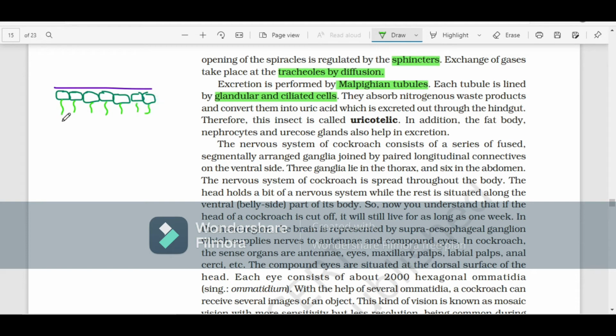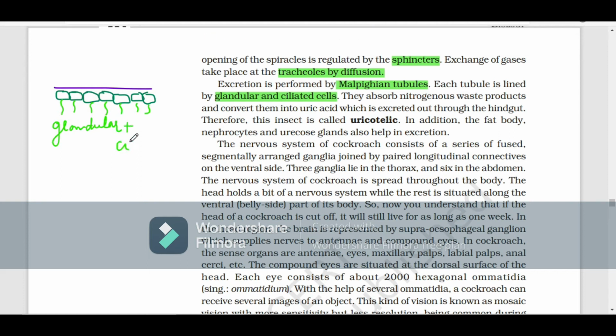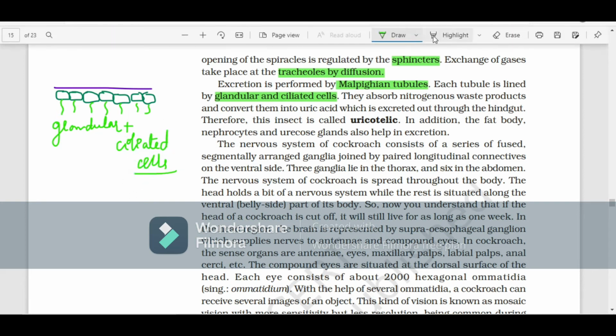This is the glandular plus the ciliated cells. The glandular and the ciliated cells absorb nitrogenous waste products and convert them into uric acid, so it's excreted out through the hindgut. Therefore it is uricotelic.